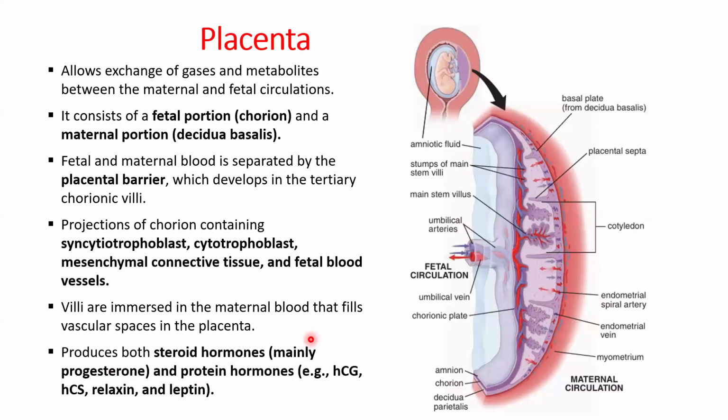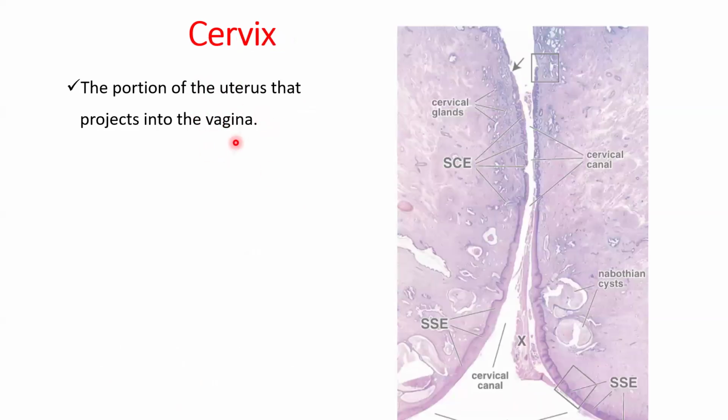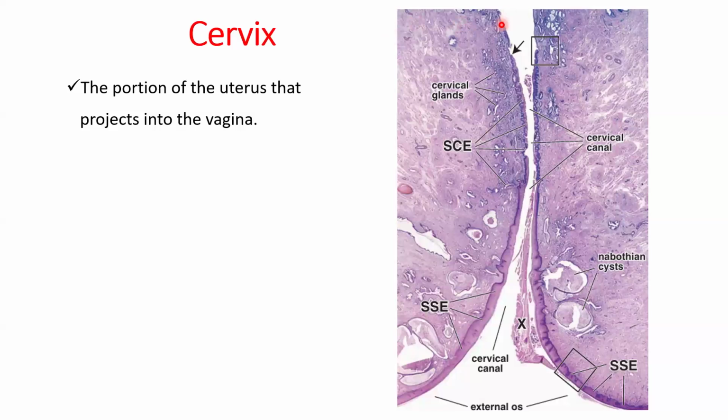So we go to the cervix. Remember, we've already covered the uterus and the placenta, now we're going to the cervix. The cervix is a very important structure, the portion of the uterus that projects into the vagina. At this point, this is the lumen of the uterus. Then we have the endocervix and the ectocervix, so the cervix has two parts.